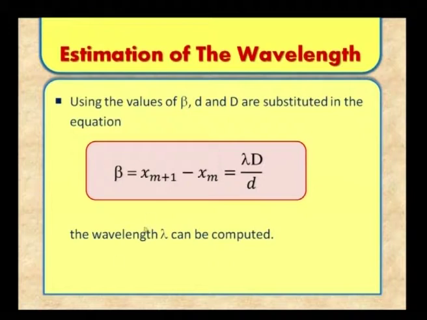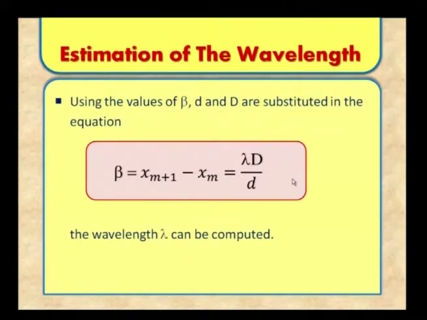Now, the bandwidth can be obtained, as I told you just now, by making the crosswire coincide with the m plus 1th band and the mth band, and measuring the distance between the readings that you take for the mth band and the m plus 1th band. That difference will give you beta. So, beta is something that can be easily measured. Having known beta, capital D will be, as I told you in the last lecture, about a meter, about 100 centimeters or 90 centimeters.